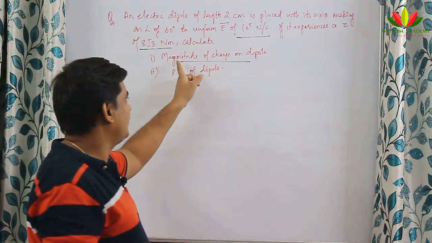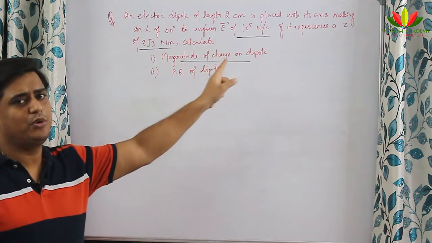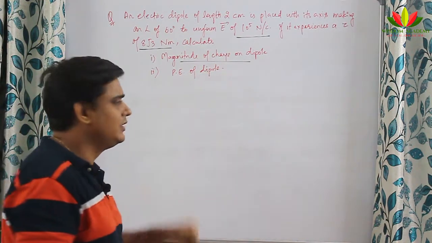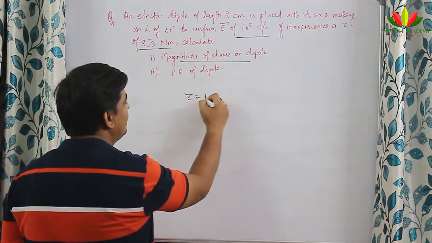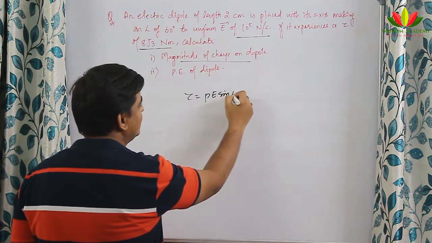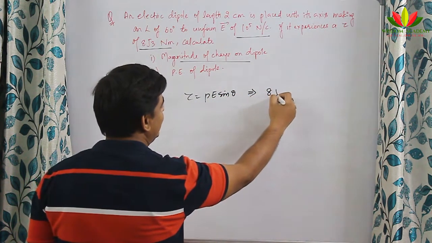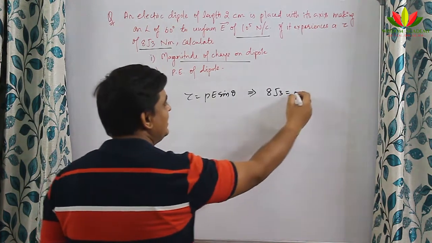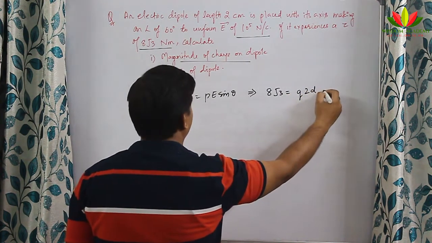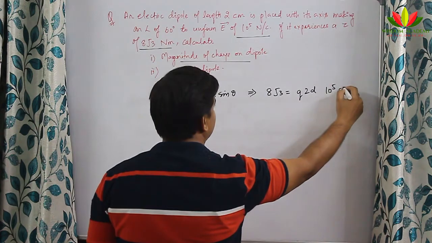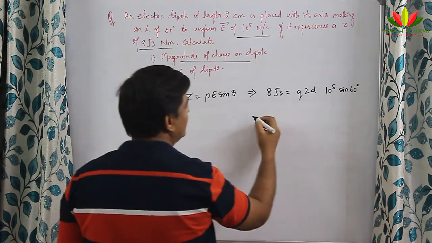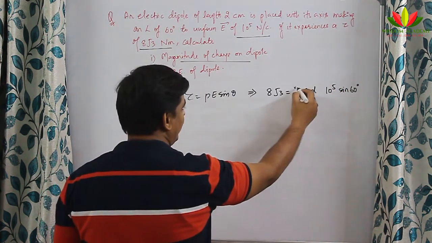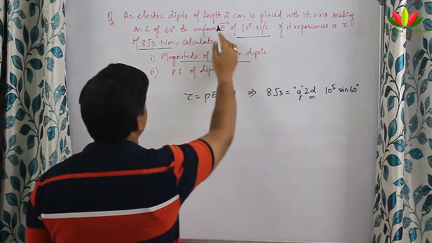So the first thing, the magnitude of charge on the dipole, we can find from the knowledge of the previous unit itself. We know that torque is equal to pE sin theta. Torque is known to us, 8 root 3. What is p? p is q into 2d, and the electric field is 10 to the power 5. Theta is given as 60 degrees, sin 60 degrees. So q is what we want to find. 2d is also given, the distance between is 2 centimeter.